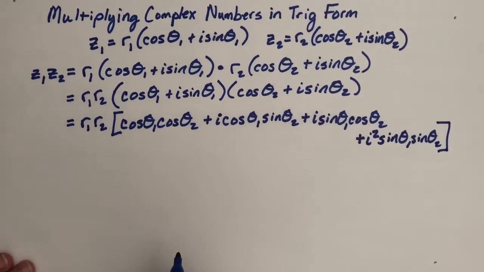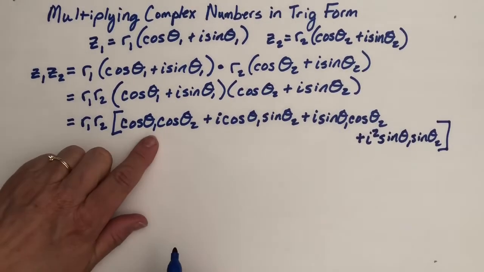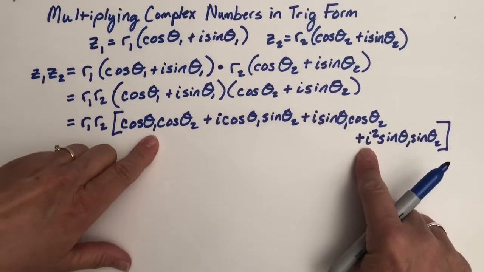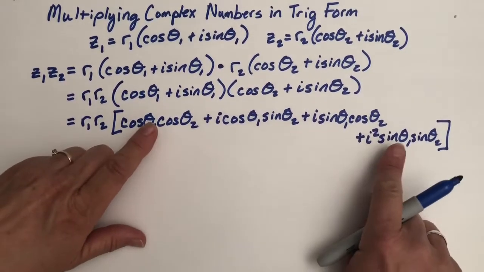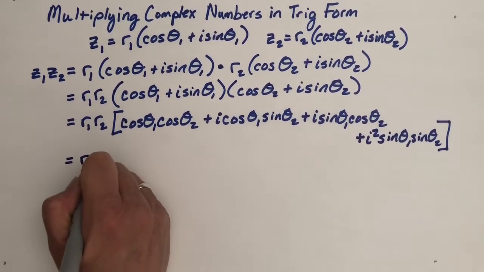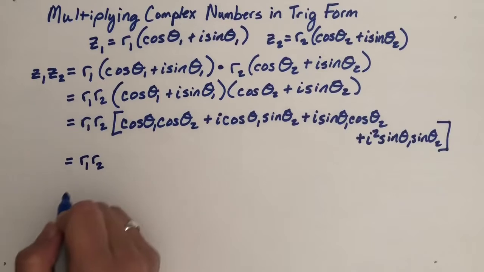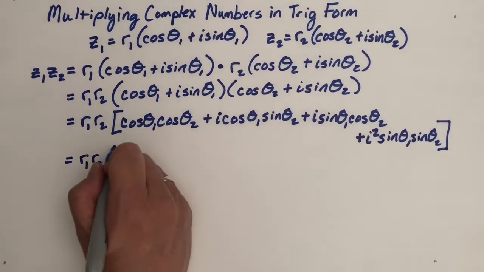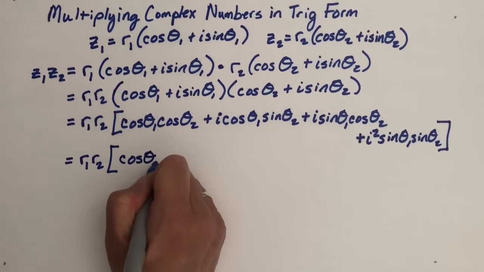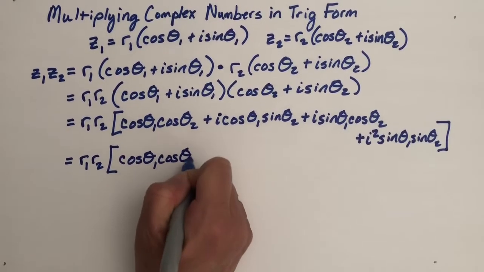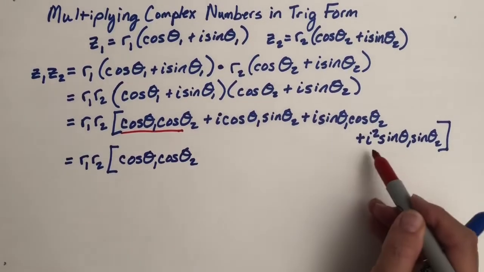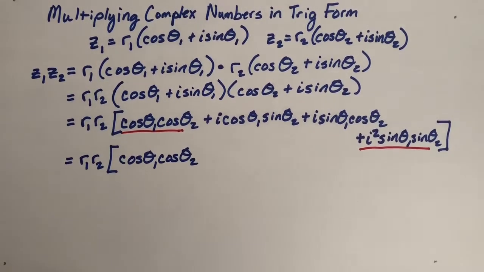But now let's rearrange our terms. These two will not have an i involved once we replace this i squared with negative 1, so let's put these two terms first. So we still have r1 times r2, that's the product of those magnitudes. And next we'll have cosine theta 1 cosine theta 2. That takes care of this term. And I'm going to write this term next.